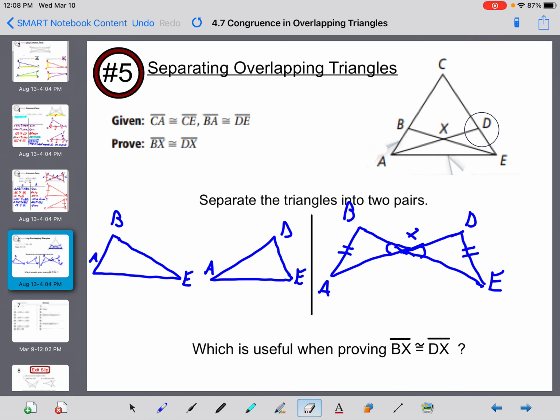So which is going to be useful when we're proving that BX is congruent to DX? Well, BX is here and DX is here. So this image would help us a lot more than the one without it.